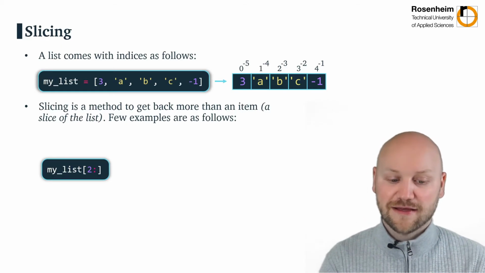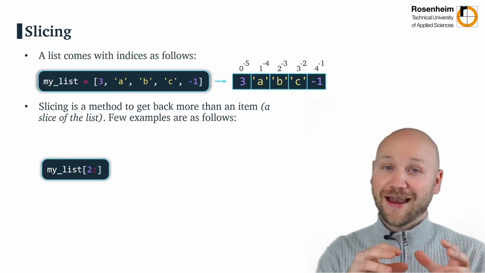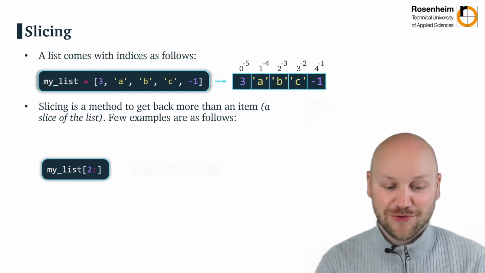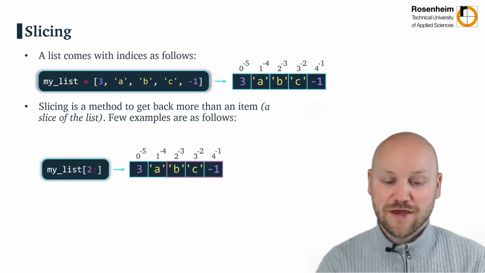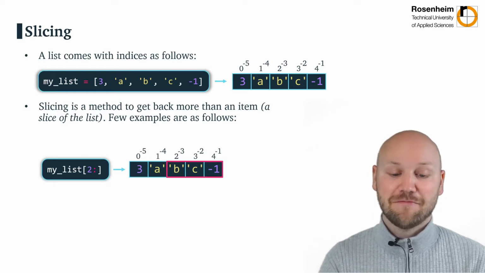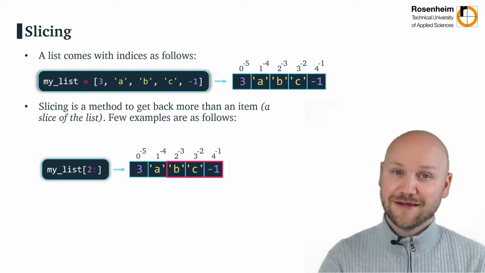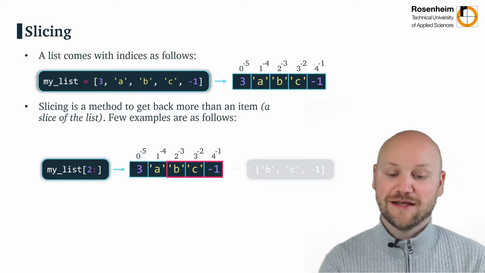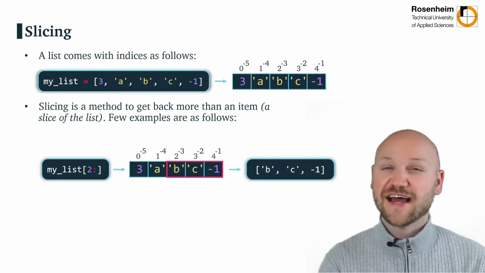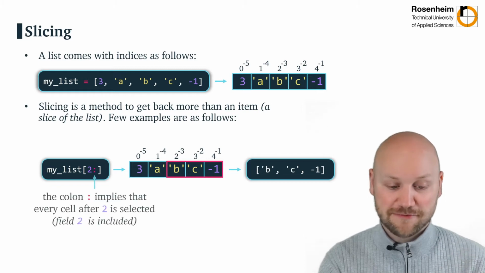So we have index 2 and all elements afterwards. You can imagine that we get the B, C and -1. We get the 2, but also the 3 and the 4, like all elements afterwards. So this is slicing, the selecting of multiple items.